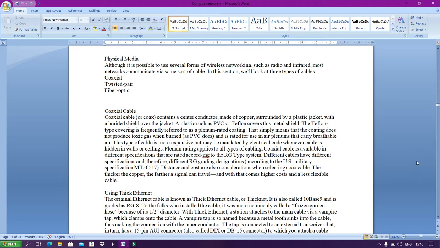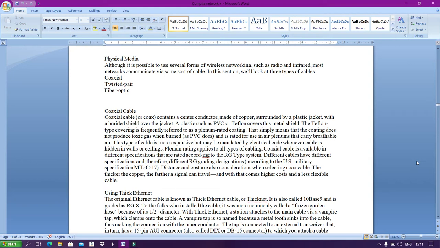That simply means that the coating does not produce toxic gas when burned as PVC does and is rated for use in air plenums to carry breathable air. This type of cable is more expensive but may be required by electrical code whenever cable is hidden in walls or ceilings. Plenum ratings apply to all types of cable.